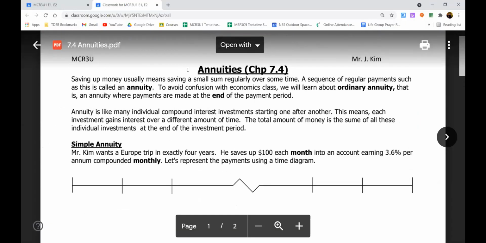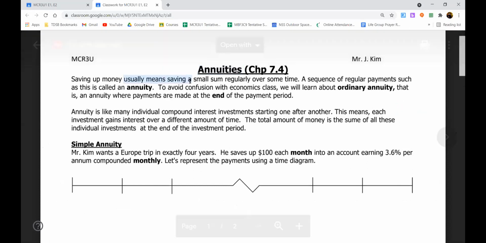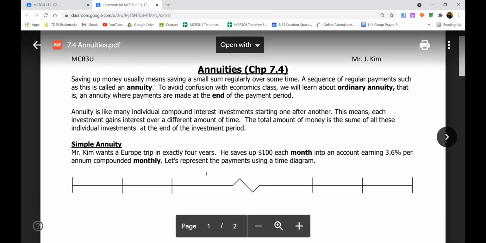Annuities. Annuity is basically a finance term. It's a special term that means putting a small deposit or making a small payment periodically, again and again, the exact same amount for an extended period of time.